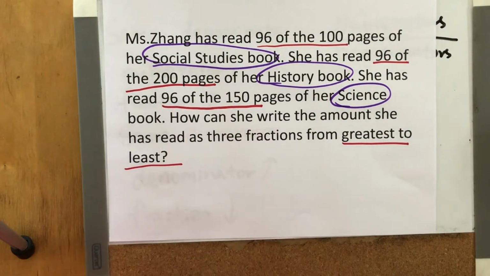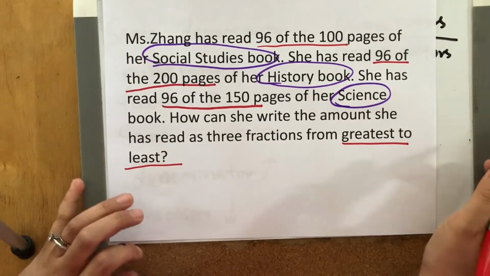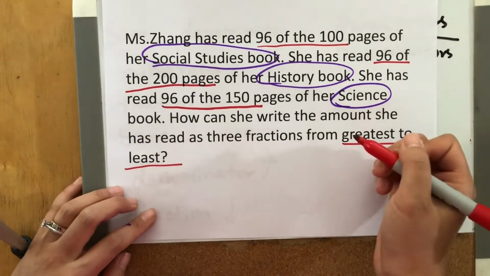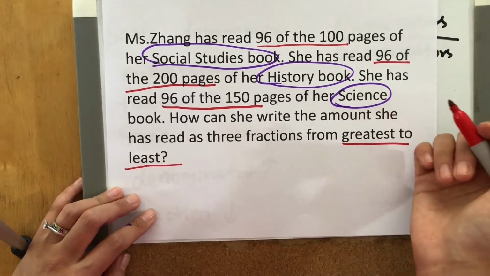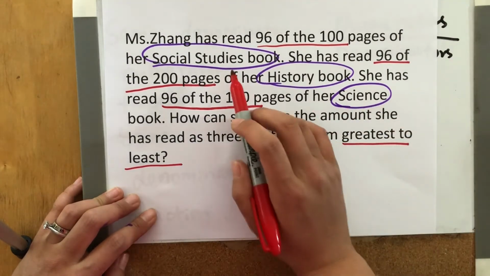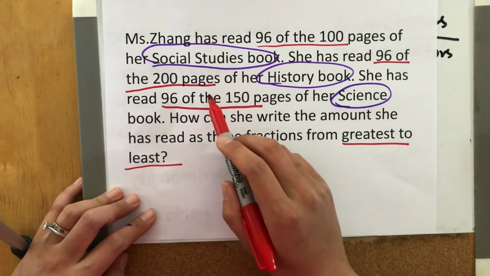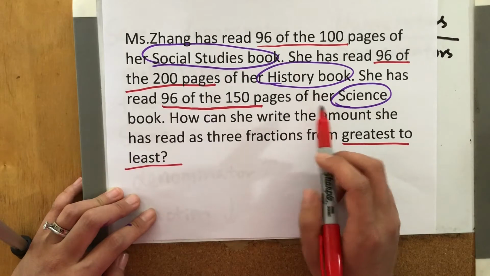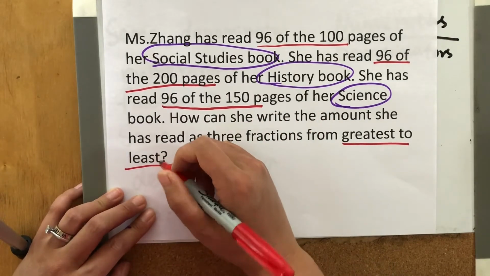So we have 3 books here she's reading, and she didn't finish them all, and she got different portions in each book. But what we have learned here is social study book has 100 pages, history book has 200 pages, science book has 150 pages. So let's write it down here.